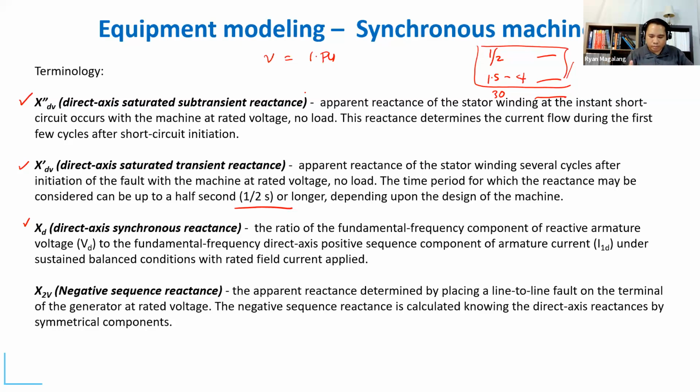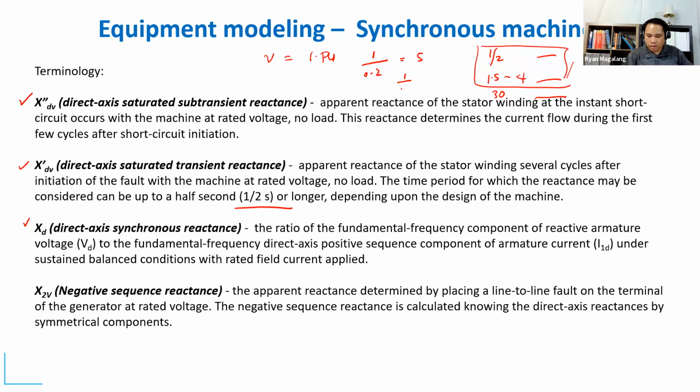So if you think about it, let's say during half cycle, the typical value is 0.2, let's say you have five times the value. And then during the next cycle, which is the 1.5 to 4, you have a higher reactance.